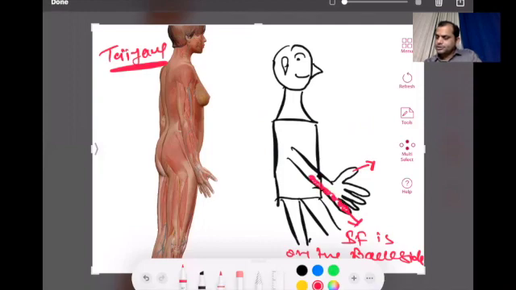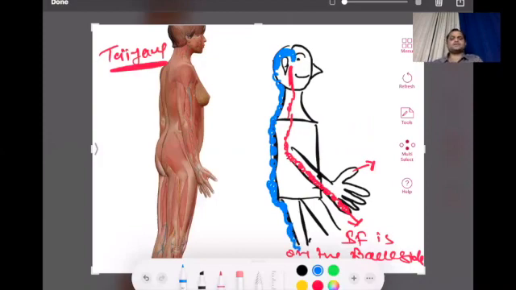Then it goes upward, supplying the neck region. And as soon as it ends on the face, the other channel, the same river, we change the name and call it lower Tai Yang, starting from the head region and supplying the whole back part of the human body.